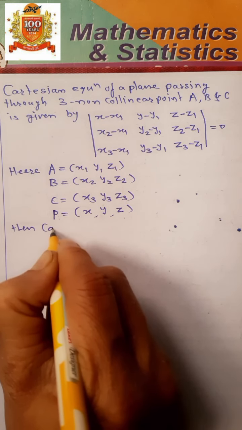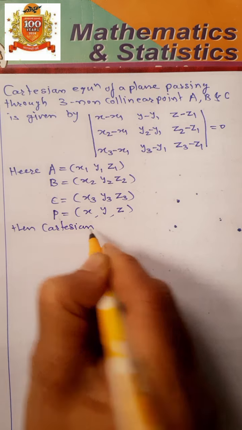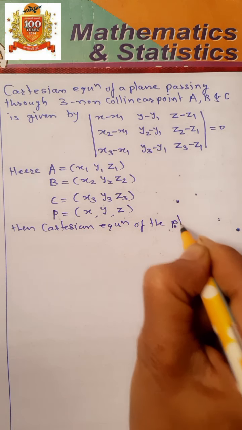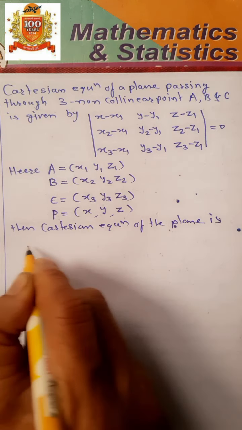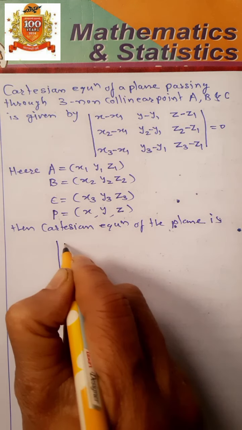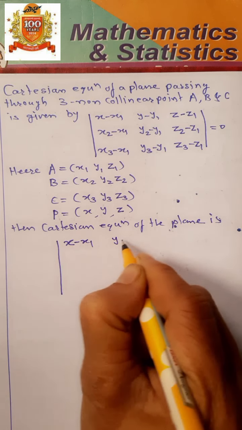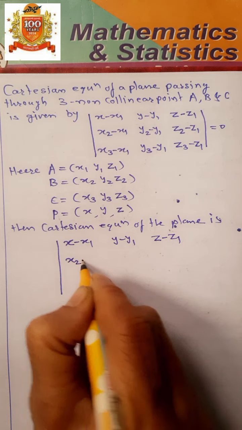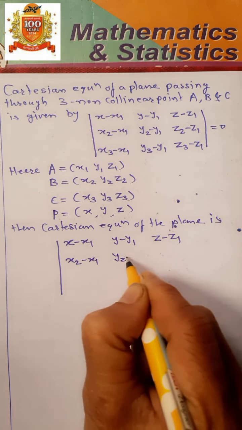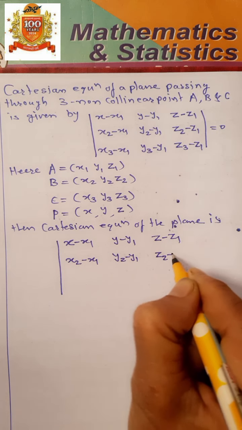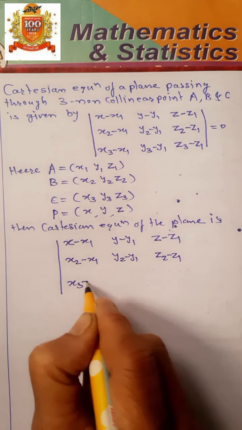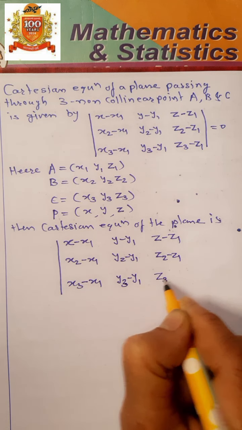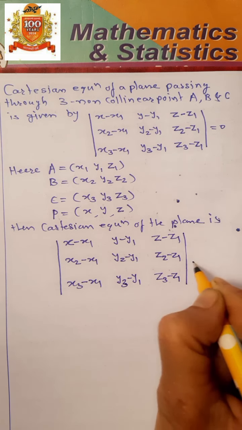Then the Cartesian equation of the plane is, once again I am repeating, x minus x1, y minus y1, z minus z1, x2 minus x1, y2 minus y1, z2 minus z1, x3 minus x1, y3 minus y1, and z3 minus z1 is equal to 0.